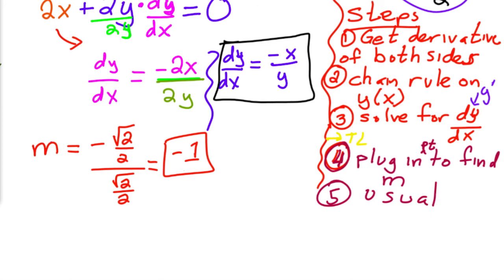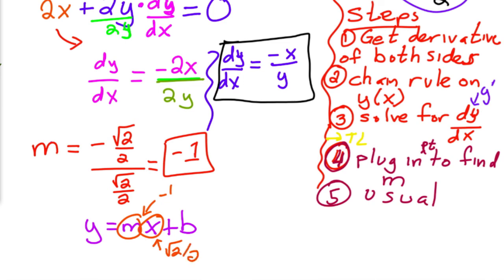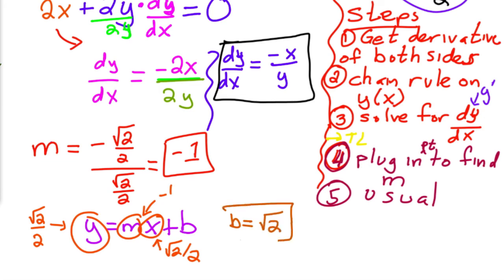We find the slope, then we write down y equals mx plus b. We plug in our slope, negative 1, our x value, root 2 over 2, and our y value, root 2 over 2. If I solve for b, I get that b is equal to positive square root of 2.